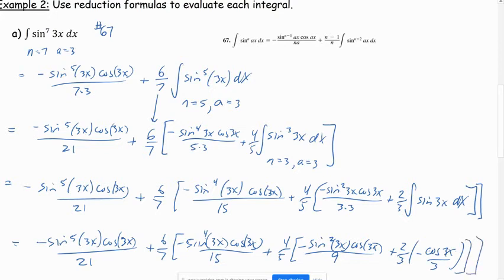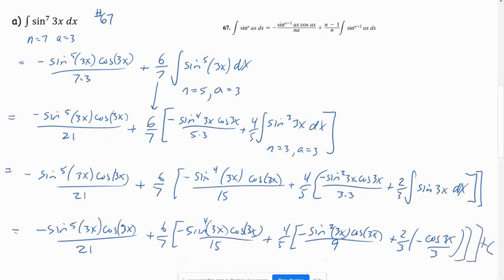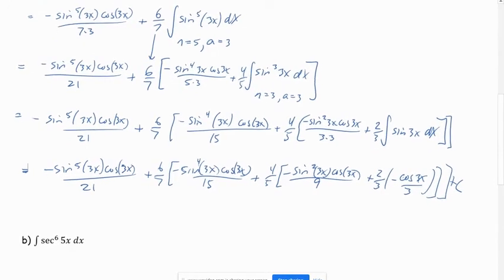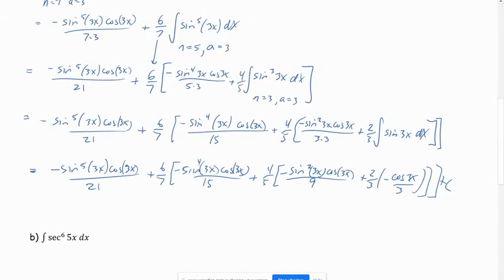And now we are all done, plus c. So that can be simplified further, but as I've expressed in the past, there's not really any advantage to simplifying that. So that is our correct and final answer.